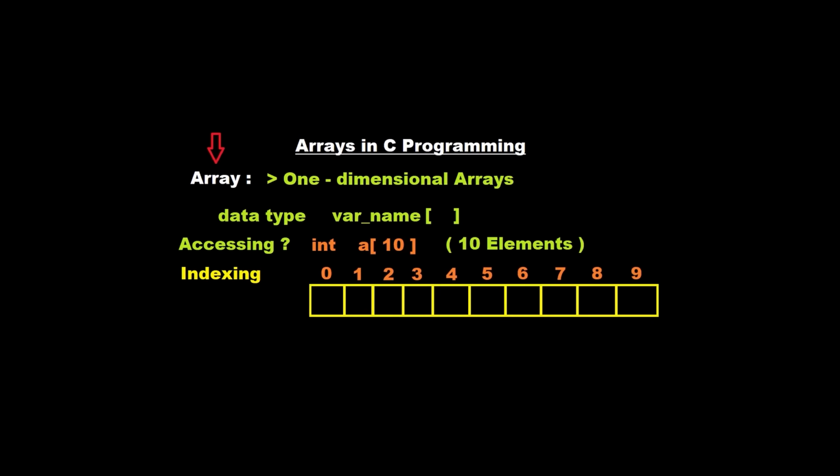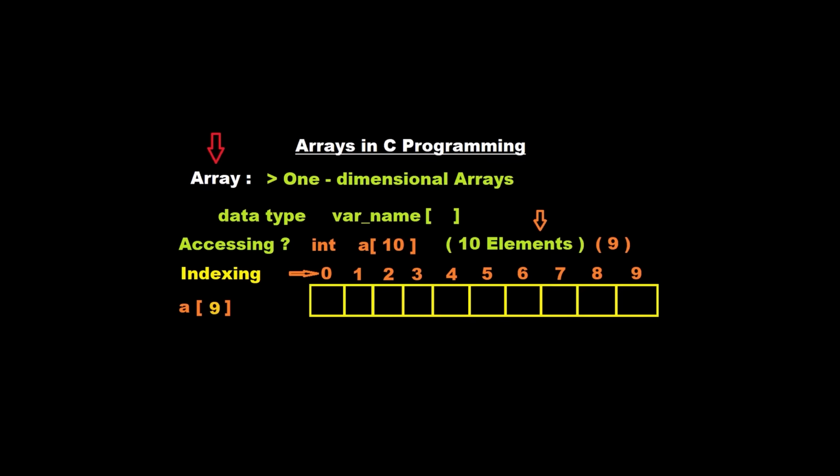So if we have 10 elements, then the last element will have the index 9, because 10 minus 1 is equal to 9, since it starts from 0. If we want to access the first element, we can write A of 0. And if we want to access the last element, we can use A of 9. So this is how you can access the elements in an array.